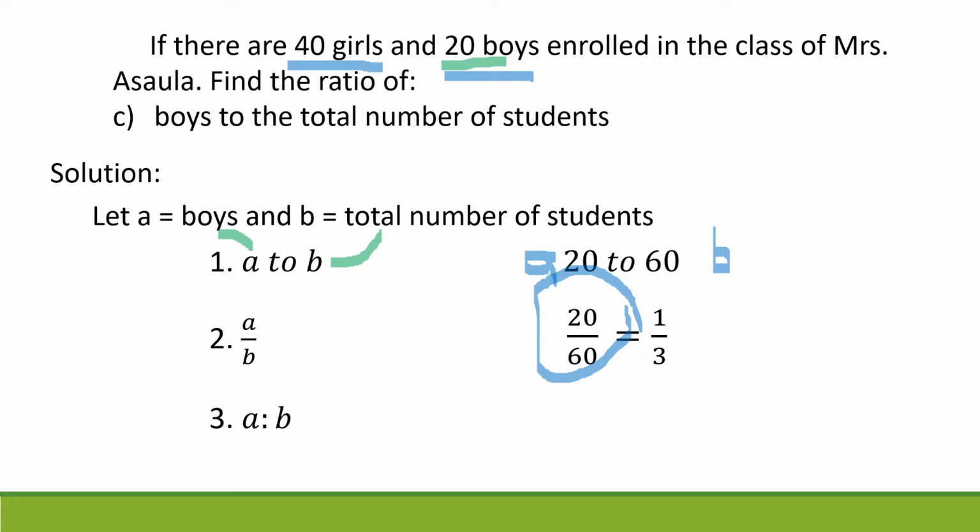For number 3, A is to B. Ang A natin ay ang numerator. Ang B natin ay ang denominator. So, meron tayong 1:3. Therefore, ang ratio ng boys to the total number of students ay 1:3.